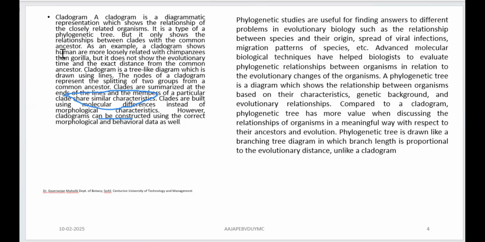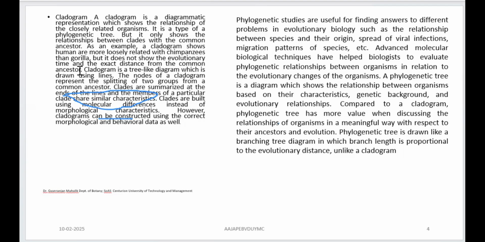One is cladogram, another is phylogenetic tree. Right? Now, a cladogram is a diagrammatic representation that shows the relationship of closely related organisms. It is a type of phylogenetic tree, but only shows relationship between clades with a common ancestor. If they are related, then only you will get to know.